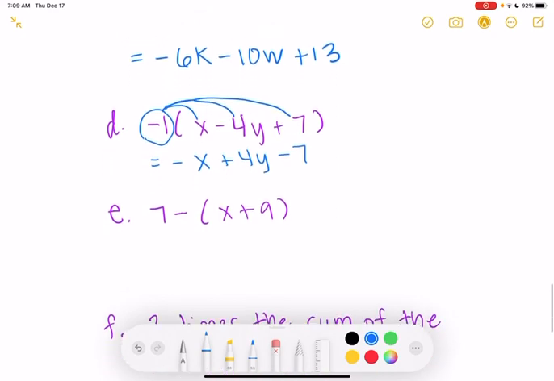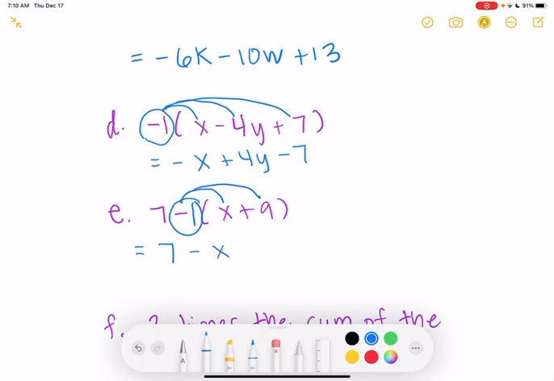So for part E, I don't know if you noticed, but there was a little 1 in there. So if you need it, you can write it in, or you can just think of this negative being distributed to the x or to the 9. But a lot of people like to see that 1, so I'm going to go ahead and add it back in there just so I don't lose anybody. Okay, but you don't need it. So we have that 7, take that entire negative or negative 1 times x to then get that negative x.